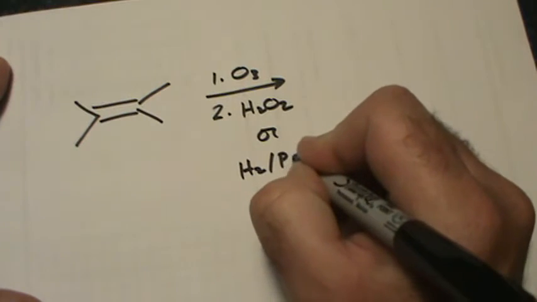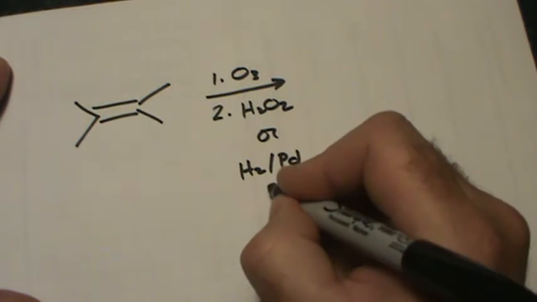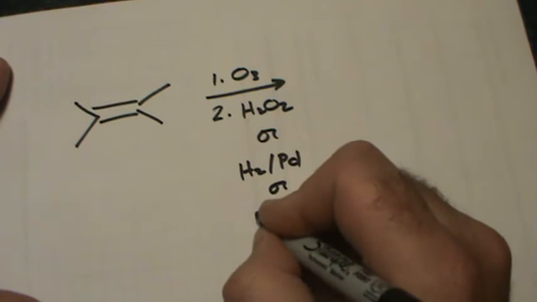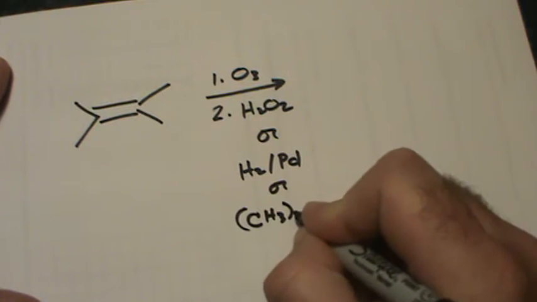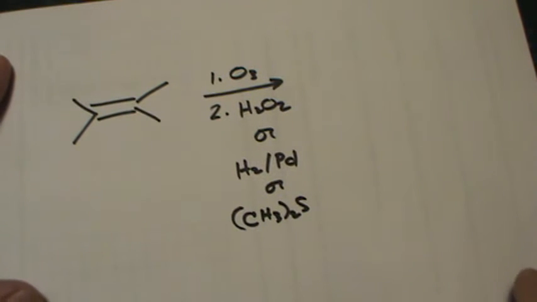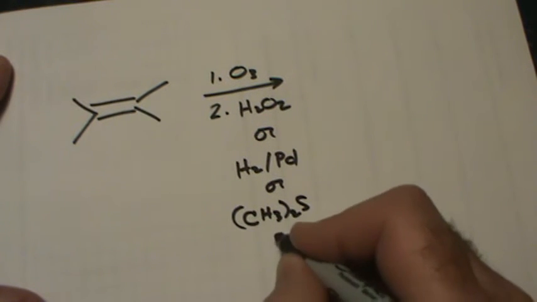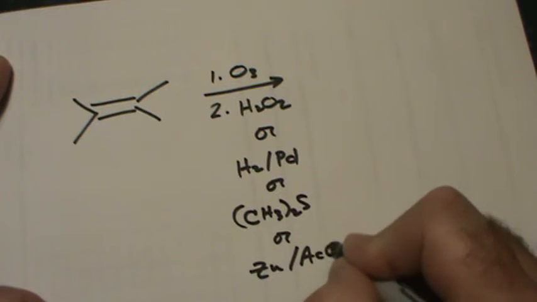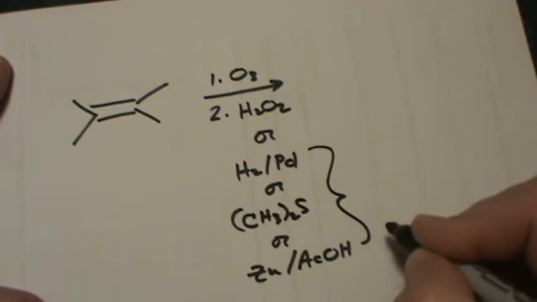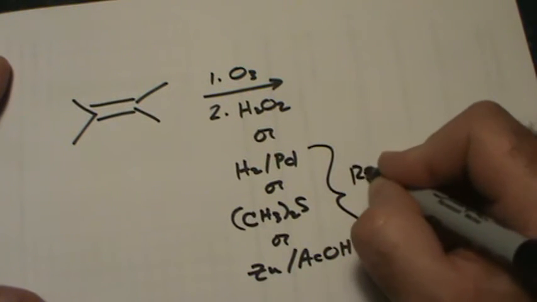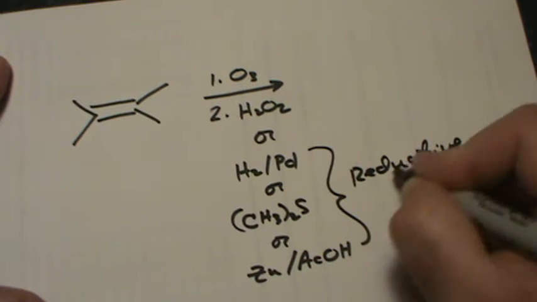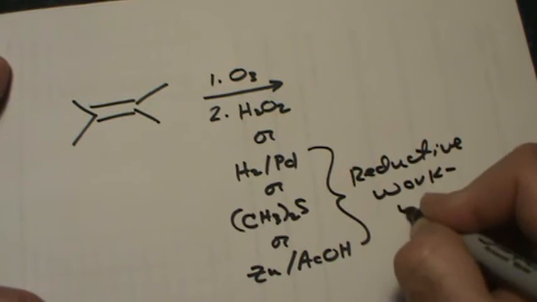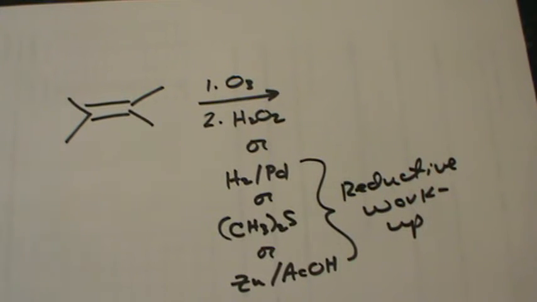We can work under what are essentially hydrogenation conditions, or we can use dimethyl sulfide, which is a reductive workup reagent for this reaction, or we can use zinc, usually present with an acid, something like acetic acid. We don't need to memorize all of these different reductive workup conditions. But we just need to be aware that if we want to perform a reductive workup, we're going to have to choose one of those reagents.